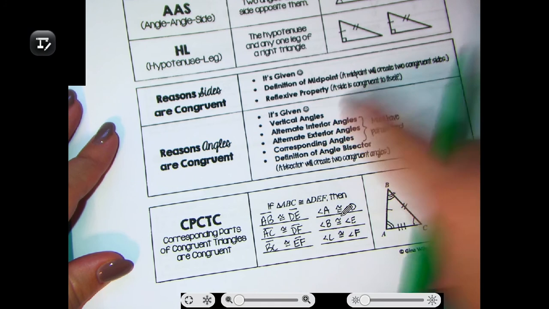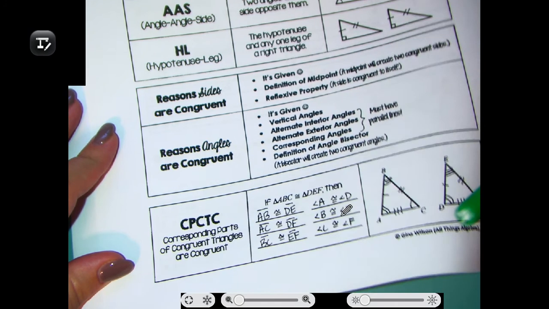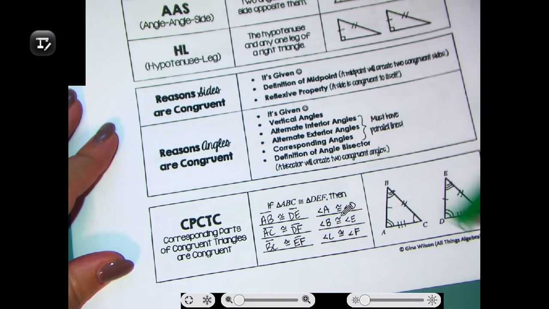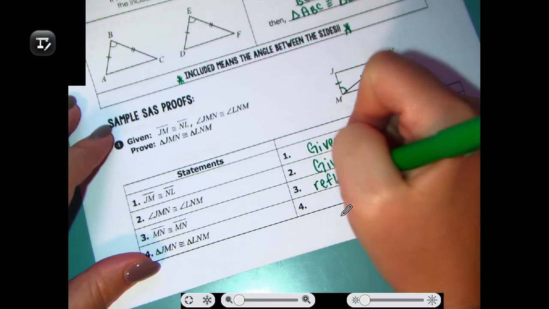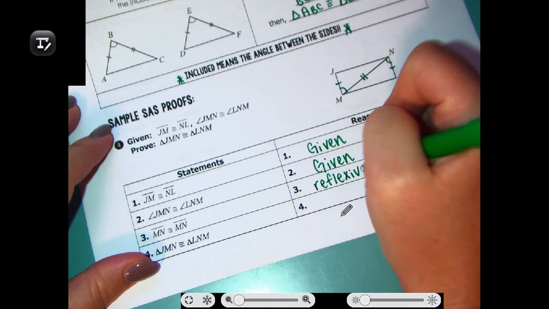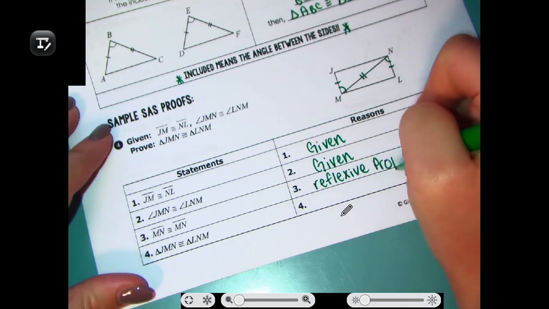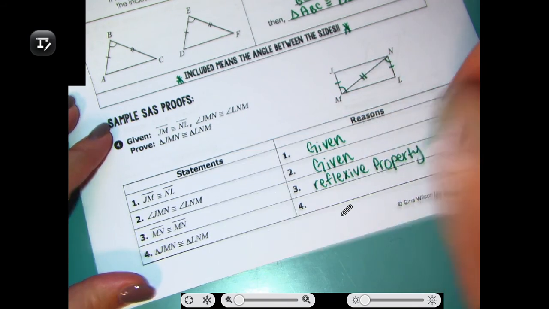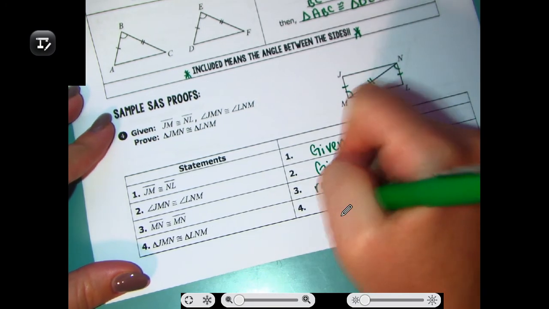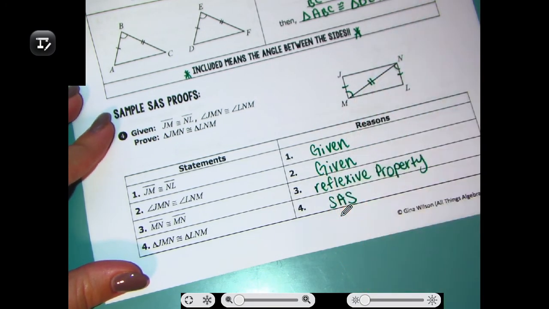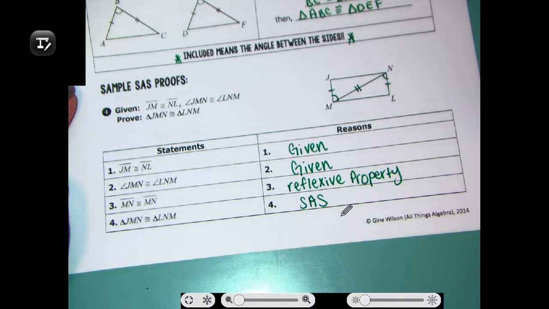A side is congruent to itself, so we're going to be using which reason? Reflexive property here. And then finally, because we have the side angle side, we can say these triangles are congruent, and that is because of SAS. And that's a side angle side proof.